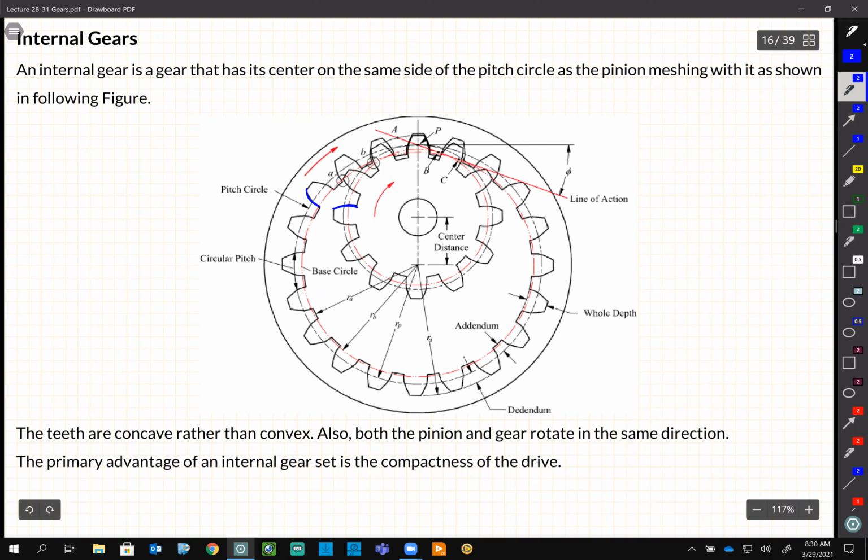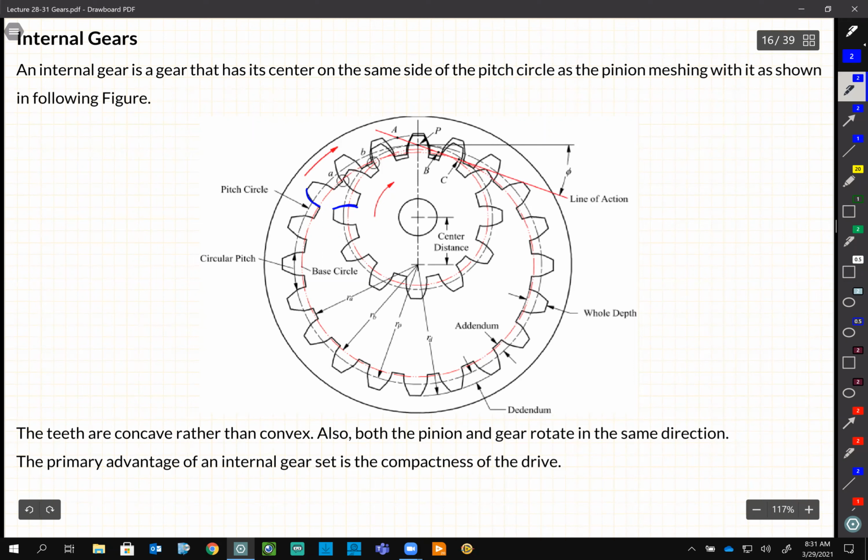The shape of the involute is concave now. All the parameters are the same, all the definitions are the same, like the pitch circle, they have to mesh, everything is the same. But why do people use internal gears?